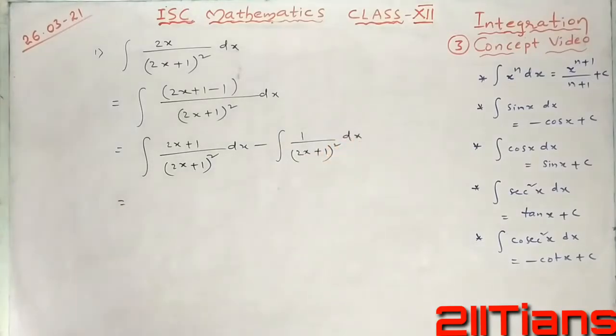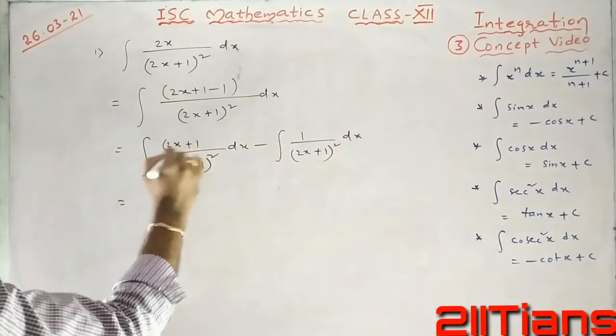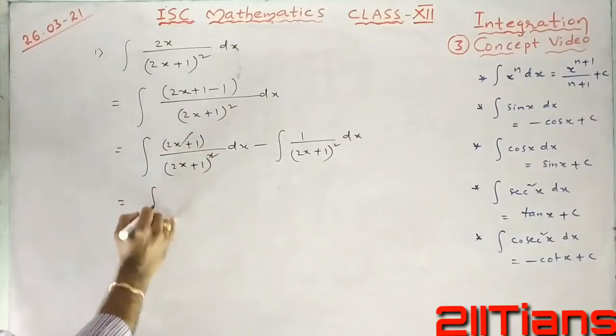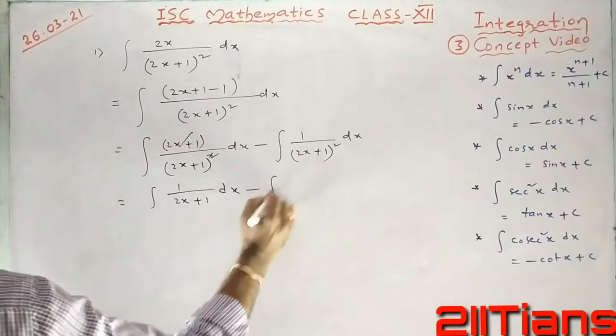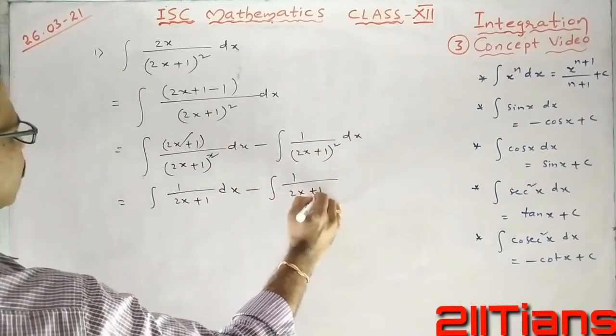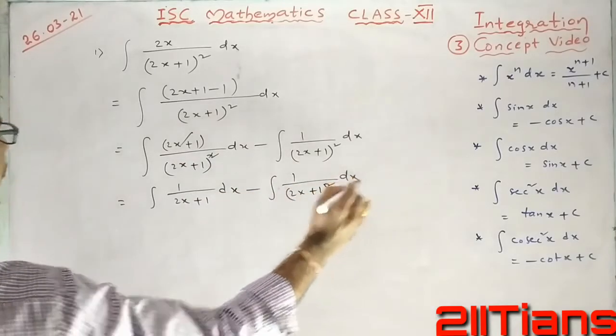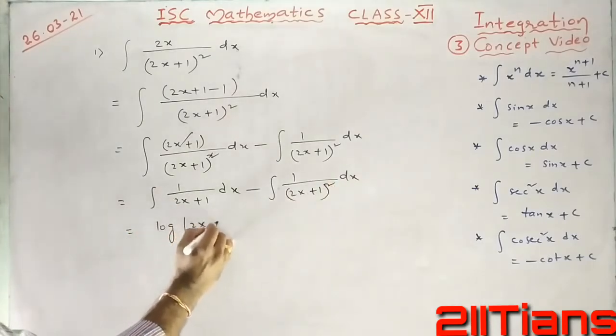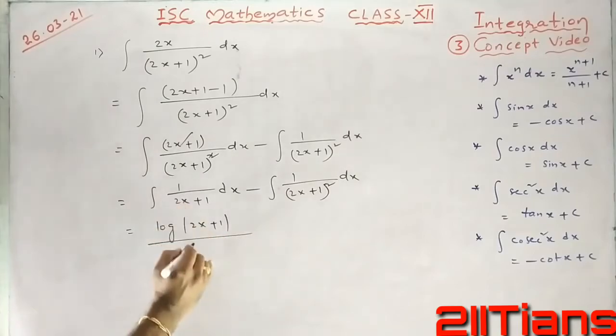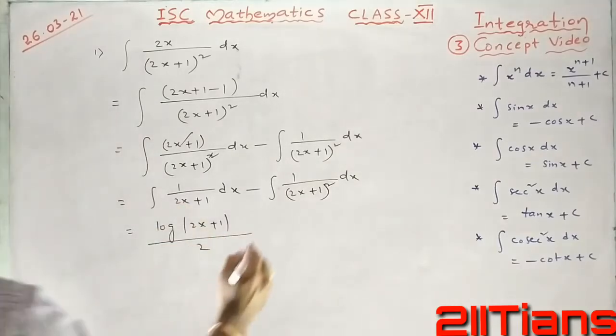Now what should you do? One will be cancelled, right? We get integral 1 by 2x plus 1 dx minus integral 1 by (2x plus 1) whole square dx. Integral 1 by 2x plus 1 is log mod 2x plus 1 upon the coefficient of x, which should be written in the denominator.